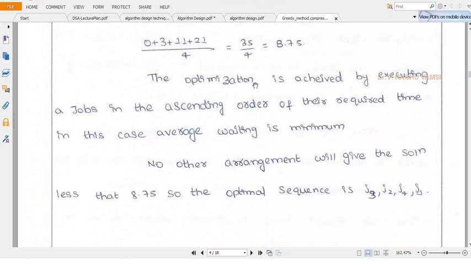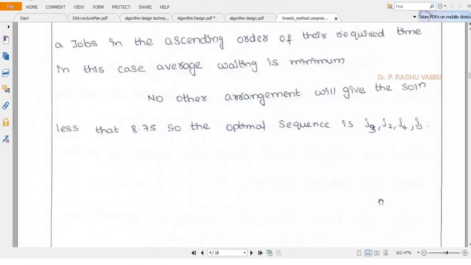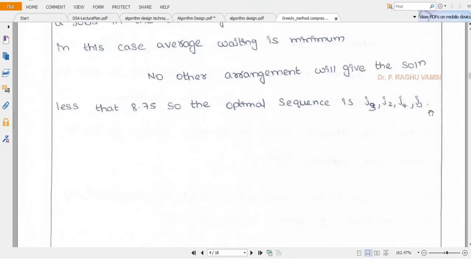So the optimization is achieved by executing jobs in the ascending order of their required time. In this case, average waiting time is minimum. No other arrangement will give a solution less than 8.75. So the optimal sequence is J3 followed by J2 followed by J4 followed by J1. This is the optimal sequence.